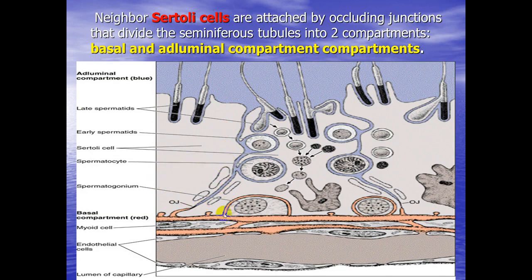The basal compartment is between the basal lamina and the processes. And cells in this region are lined by the orange color. Then, the adluminal compartment. It extends from the lateral processes of the Sertoli cells to the lumen. And spermatogenic cells which occupy this compartment are lined by the blue color.